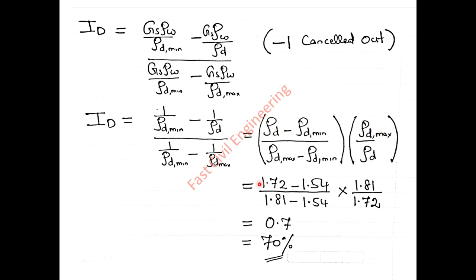Substitute the values: 1.72 is the natural state dry density, this is the maximum compaction state dry density, and this is the minimum, loose state rho d. Into rho d max 1.81 over natural state rho d 1.72. Answer is 70%.